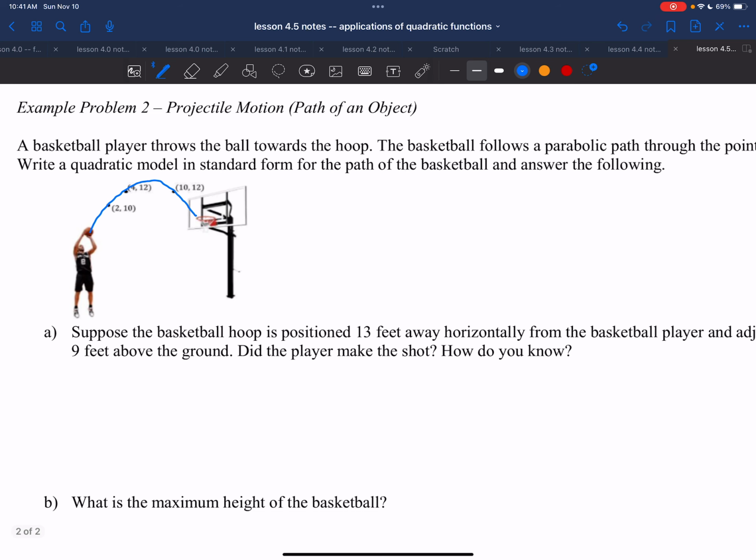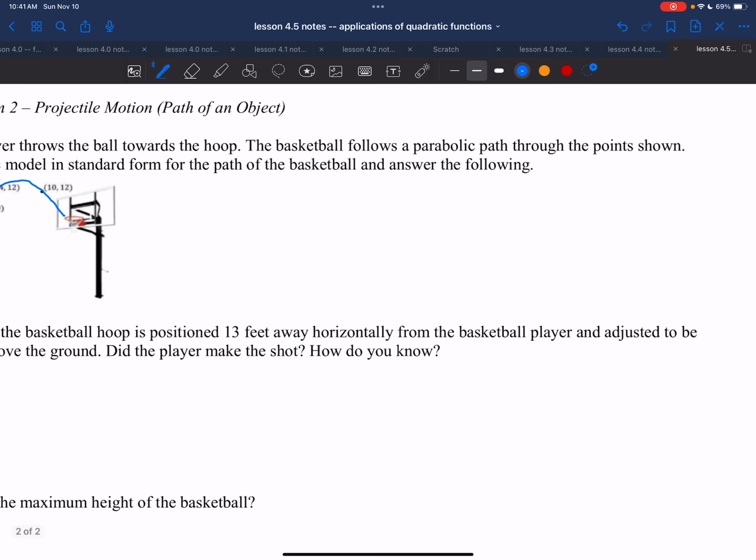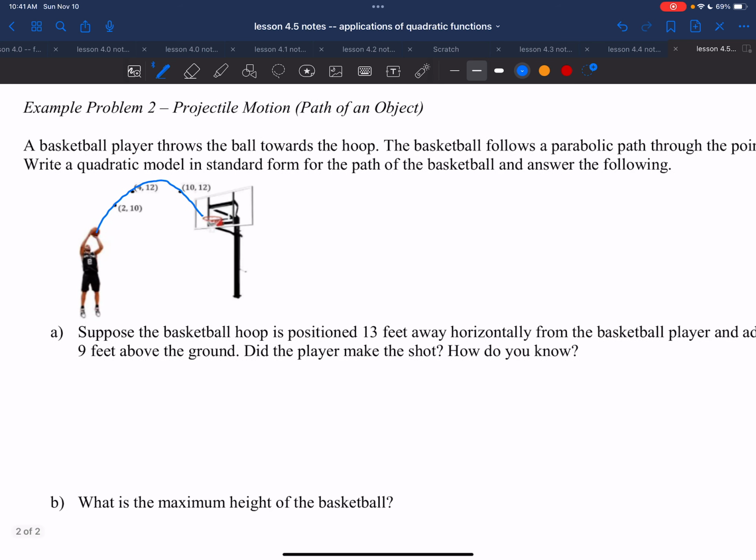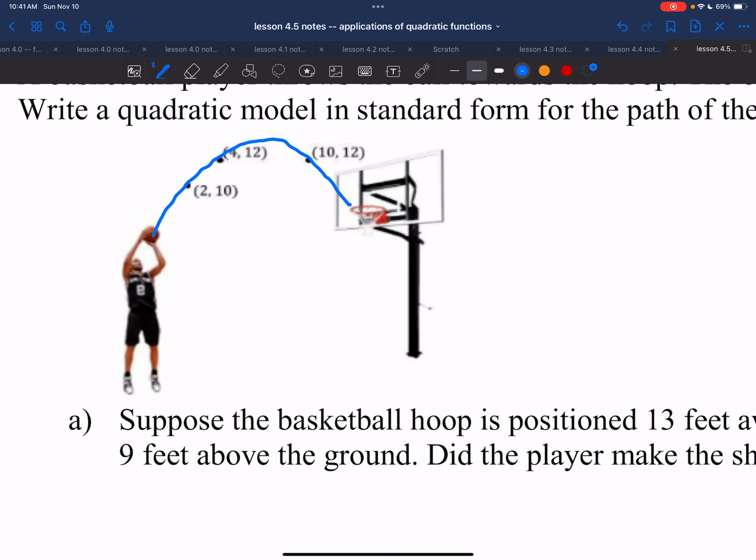It says a basketball player throws the ball towards the hoop, and it follows a parabolic path through the points below. So what this is essentially saying, like 2, 10, means I'm going to call the basketball player and where he's throwing the x-axis. We'll call the ground where he's standing the y-axis, and then this is x.